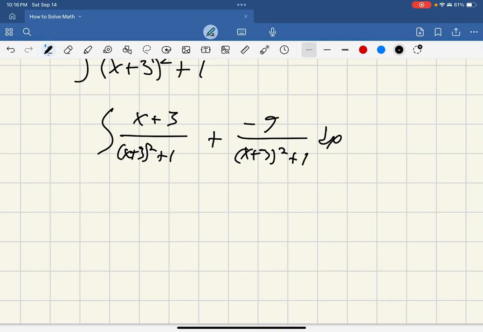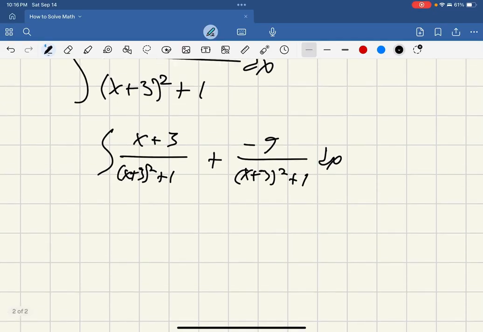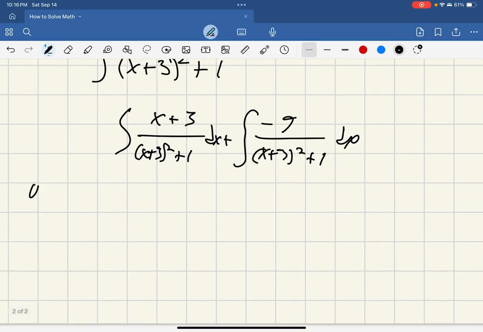Actually first let's separate them into two integrals. So let me just rewrite this. dx plus the integral of, there we go. Let's solve this first one, shall we? u is going to be the bottom function, so x plus 3 squared plus 1.